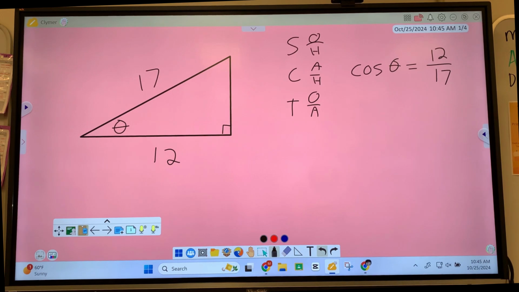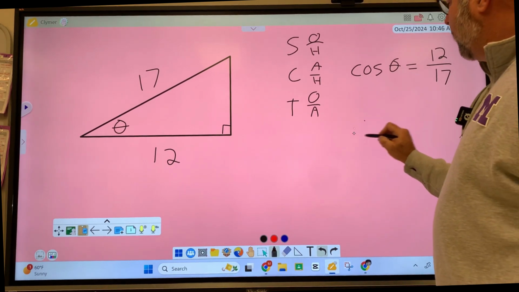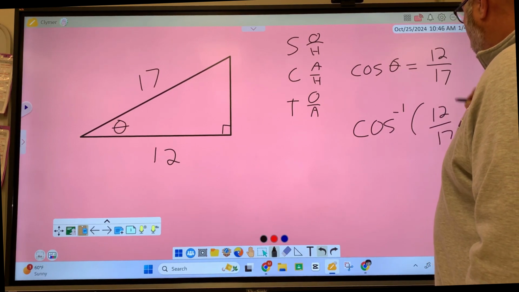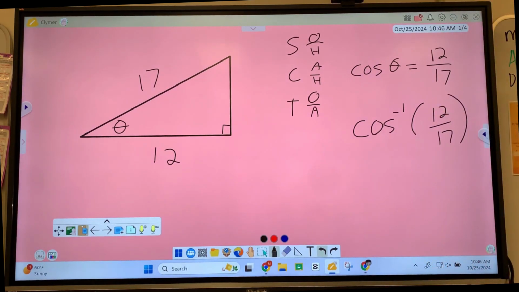Now is when you're going to have to use, typically the second button or some kind of function button for your calculator. To solve this, you're going to do the thing that looks like this, and that is going to churn out our angle theta. Again, this is going to be somewhere on your calculator. It's probably just second and the existing cosine button.